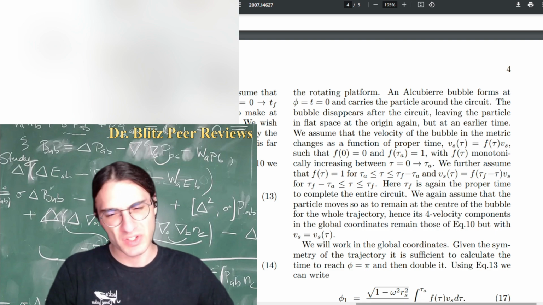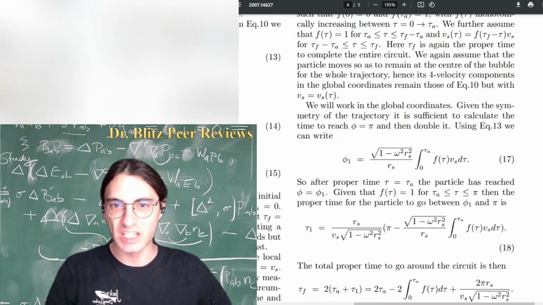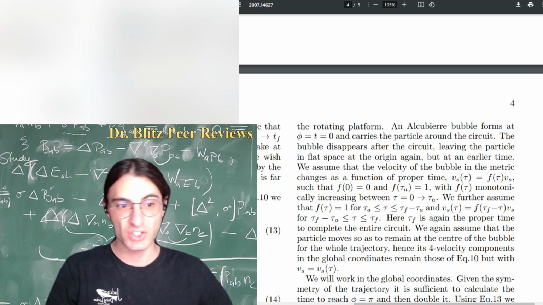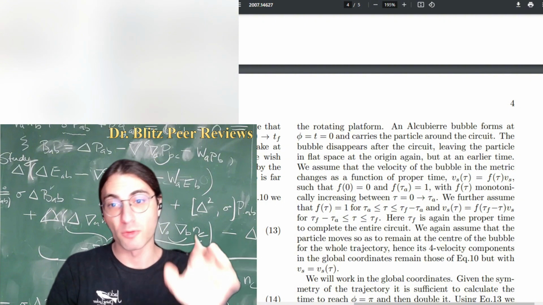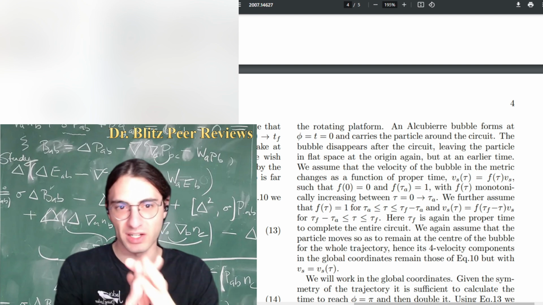Now this is bizarre. The particle starts off and finishes in flat space. So before t equals 0, the particle is just sitting there happy on the rotating platform, in an otherwise flat spacetime. But then an Alcubierre bubble forms. It's formed because they arrange the matter in such a way that it does so.